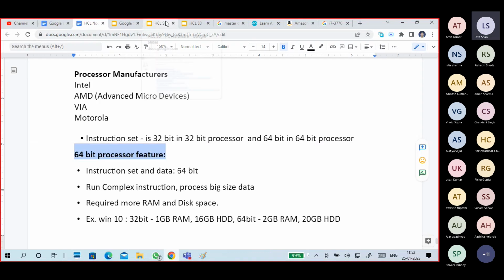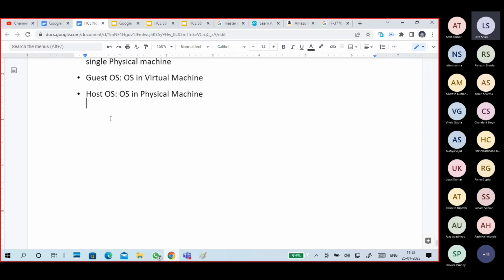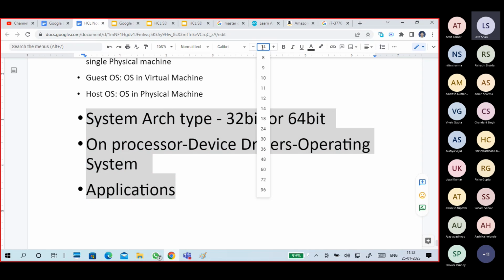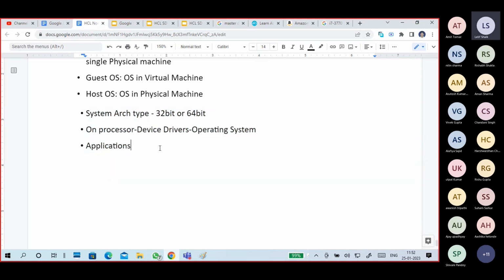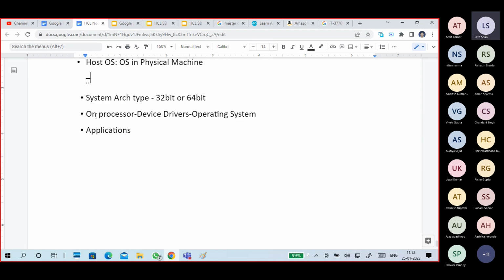You have to follow the same bit features. If your system is a 32-bit system, it means your processor, your operating system, and your applications are all 32-bit. 32-bit means the processor is 32-bit, device drivers 32-bit, operating system 32-bit, and applications 32-bit.